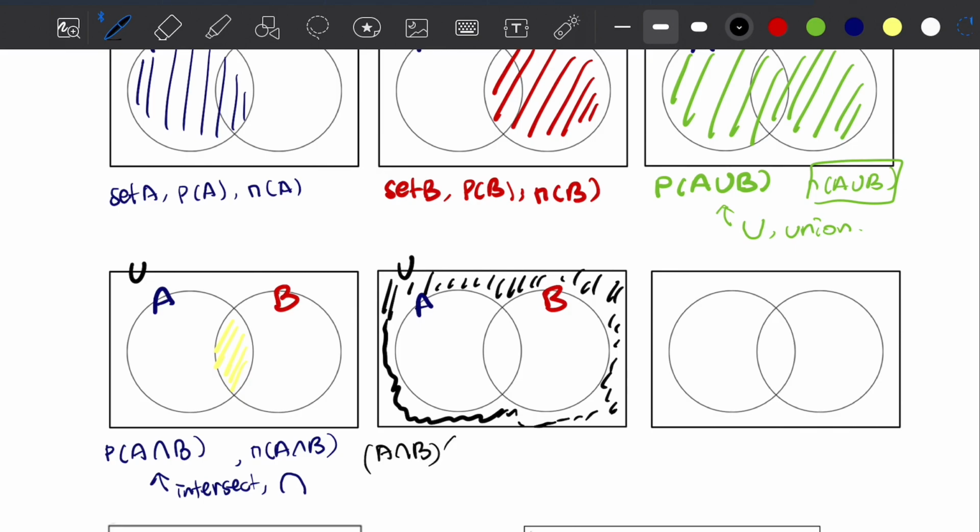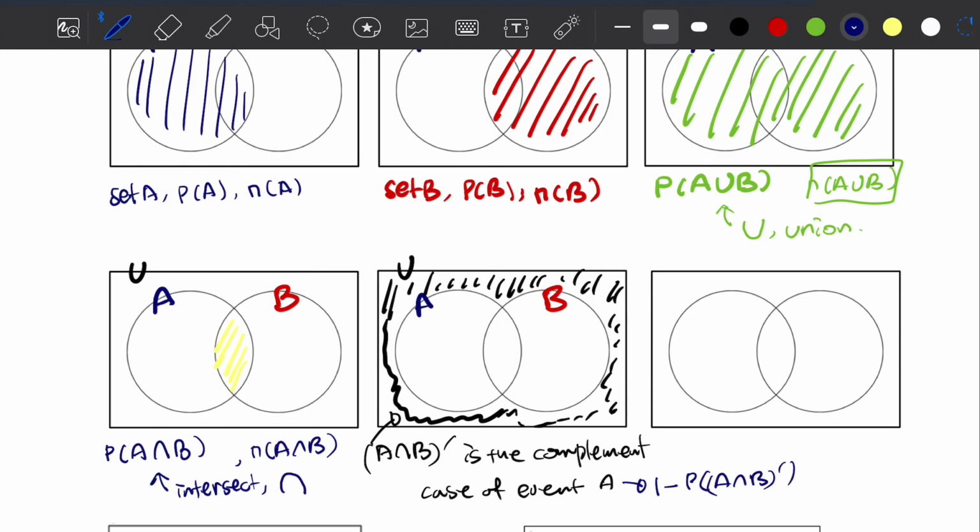So A union B prime is considered as this outer space, the complement of A union B. Or we can also use the complementary formula: if we do 1 minus probability of A union B prime, then we can calculate the probability of A union B, right?